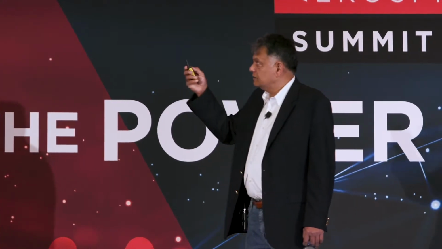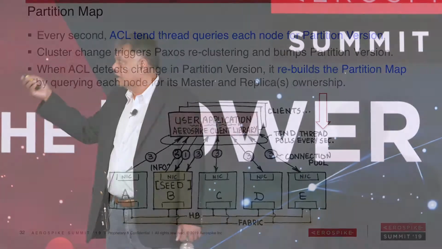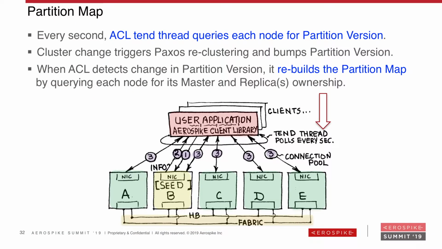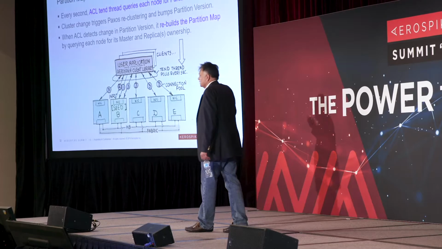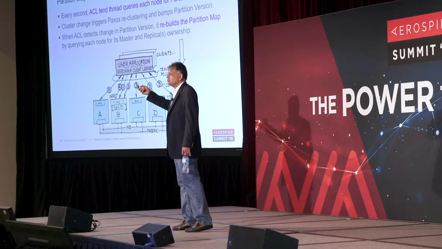Now, when the client library is tending to every node, it is asking each node, hey, who are you the master of and the replica of? And every node has what's called a version number of the partition table. So if a node thinks that the cluster membership has changed and he has a new version of the partition table, he will tell the client, my version is this.